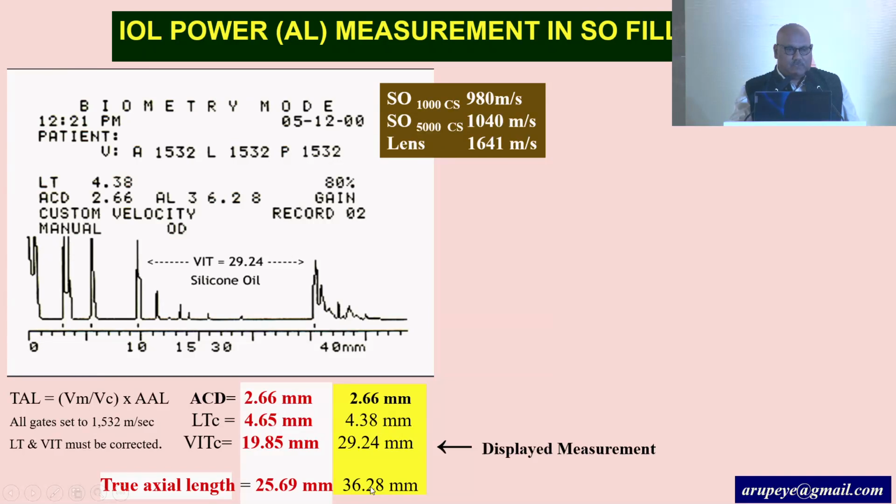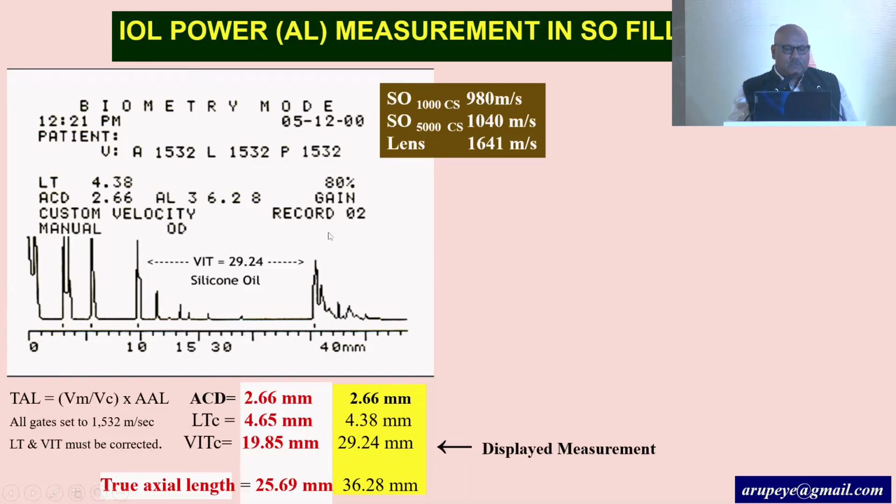This is the apparent axial length that has to be converted into the true axial length, and you need to know the viscosity of the silicone oil that has been used in that particular case. So for a silicone oil with a viscosity of 1000 centistokes, 980 meters per second is the sound velocity. For 5000 centistokes, 1040.